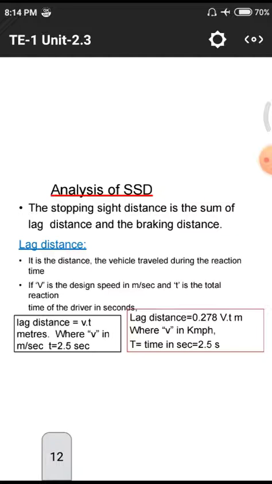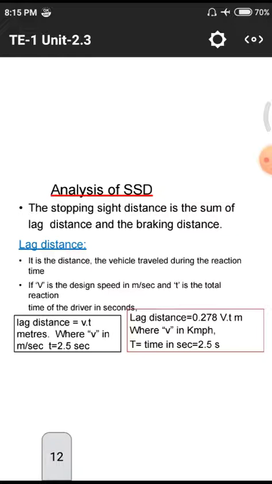And next we have to analyze the stopping sight distance. What are the different parameters we use to analyze it? Majorly, stopping sight distances are useful where there is an intersection of curves, that means an intersection of two or more roads.